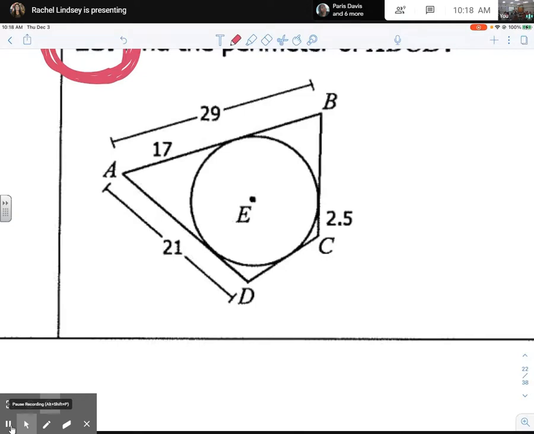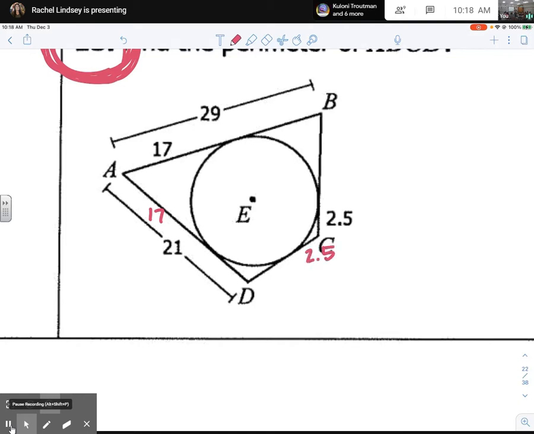They're equal. These two are the same, these two are the same, and these two are the same. So if this one's 17, this one right here is 17. If this one's 2.5, this one right here is 2.5.